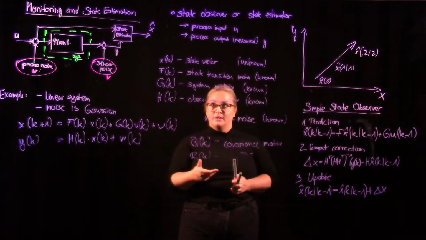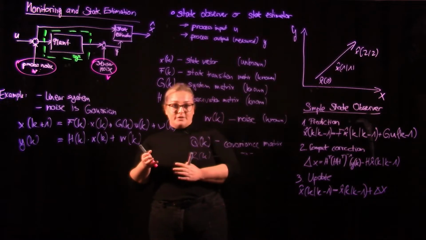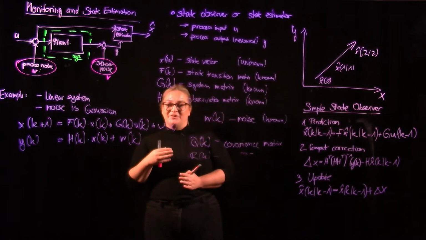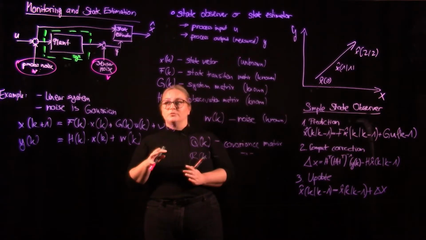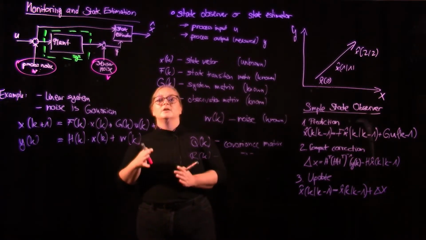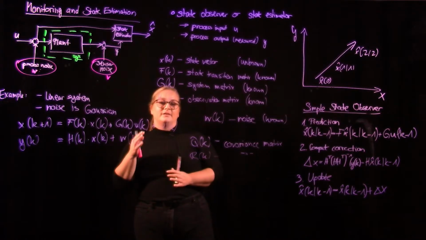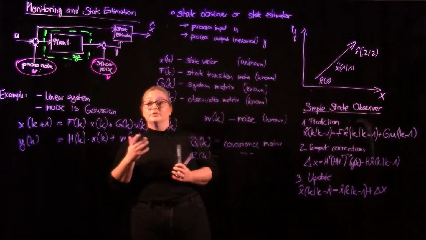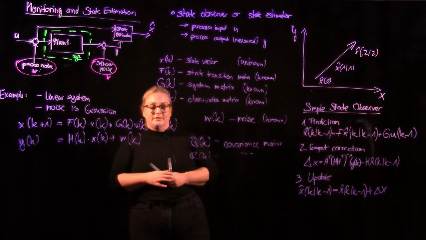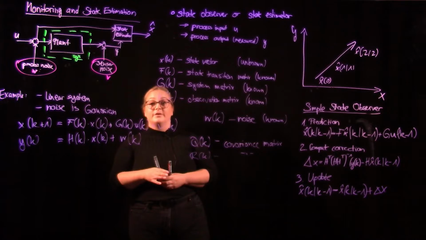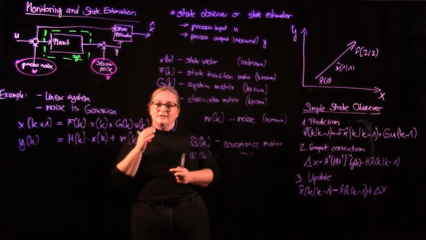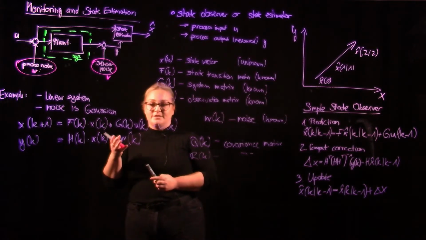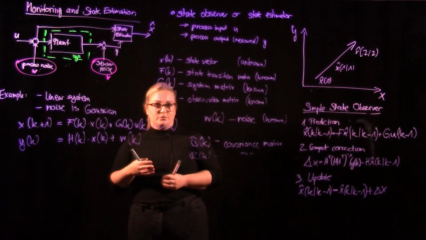So in the next couple of videos, we will first talk about the general Kalman filter, which we can use for linear, not very complex systems. Then we will talk about the extended Kalman filter for nonlinear systems, and the unscented Kalman filter for very complex systems, and we will differentiate when which Kalman filter is best to use and easiest to compute.